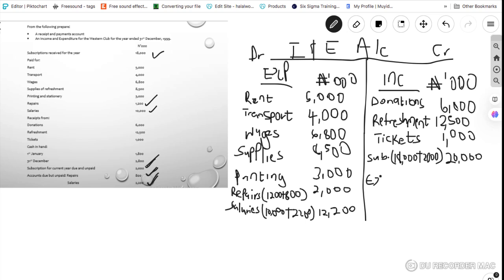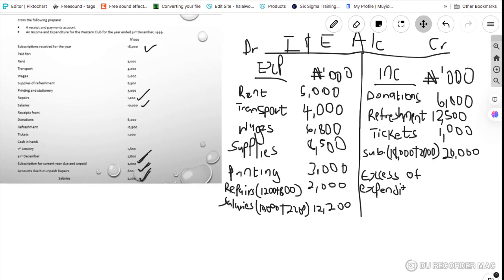We now call it excess of expenditure over income.